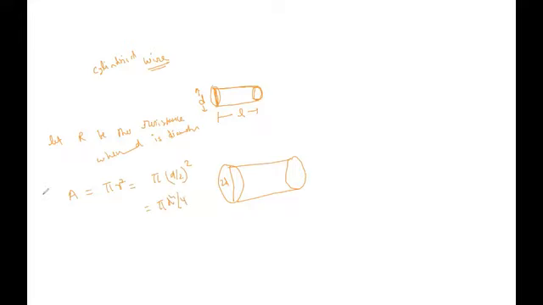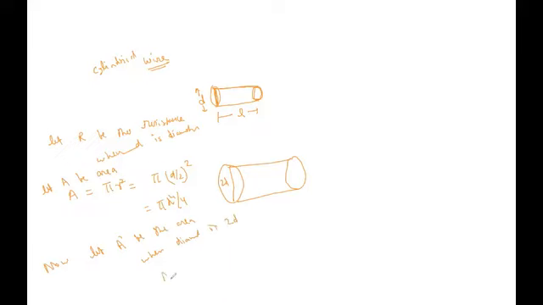So let A be the area in the first case. Now in the second case, let A prime be the area when the diameter is 2d.